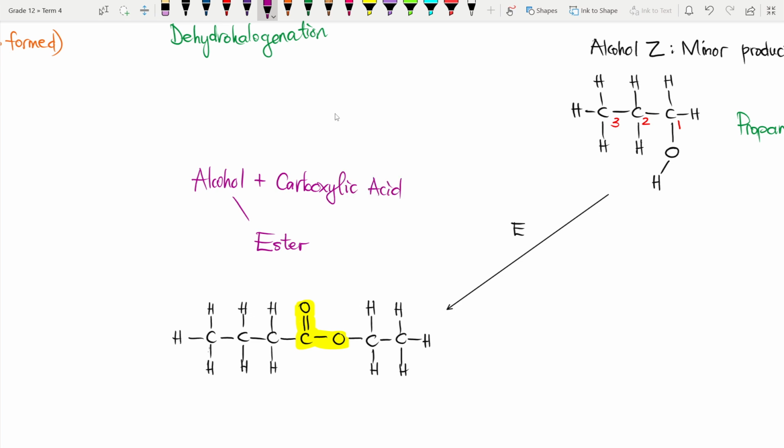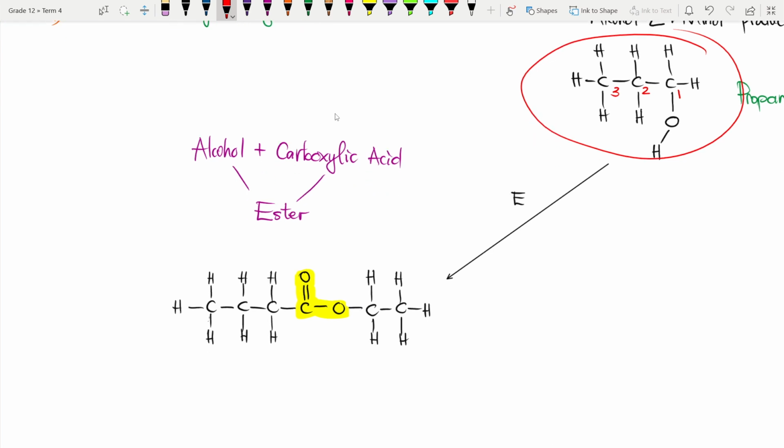So if the alcohol that I have is this one, what you have to remember is that this part of the molecule is the carboxylic part, and this part of the molecule is the alcohol part. How do you tell? The carboxylic acid has a functional group that looks like this: C double bond O, OH.